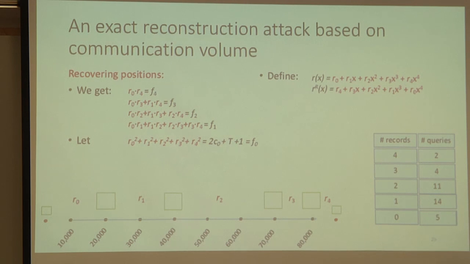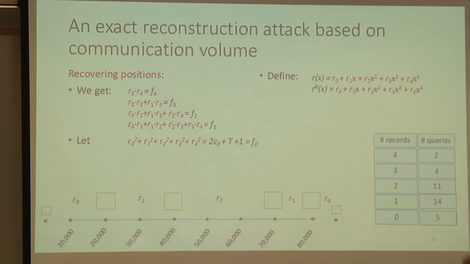The idea we came up with is that we're going to define 2 polynomials, and we're going to use these R's as the coefficients of these polynomials. So we have polynomial R(x), which is R0 plus R1x plus R2x squared, etc., and R reversed (x), which is the same polynomial with reversed coefficients.